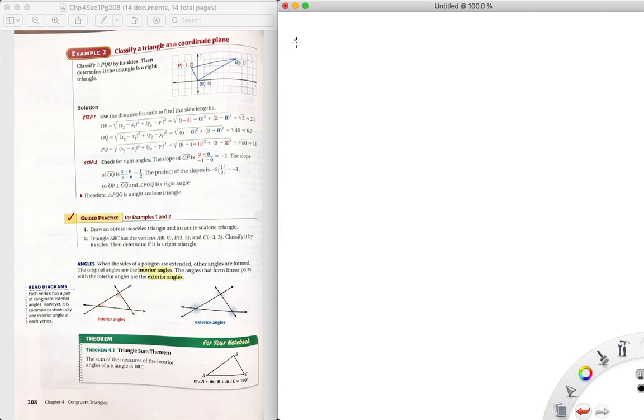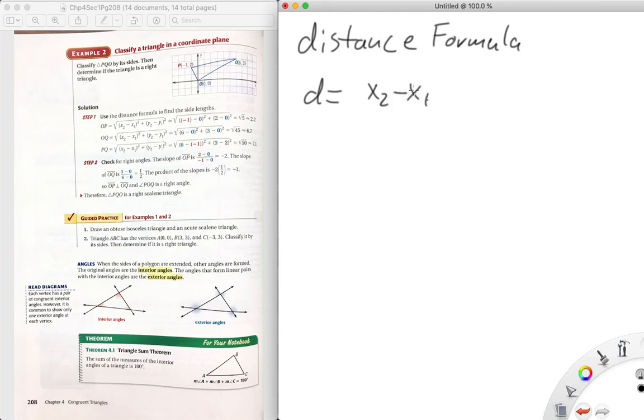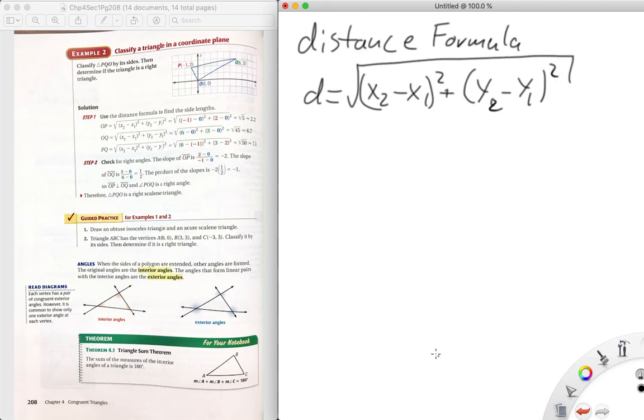Just to refresh your memory, the distance formula is the square root of (x1 minus x2) squared plus (y2 minus y1) squared. And remember, the distance formula is just a version of the Pythagorean theorem.